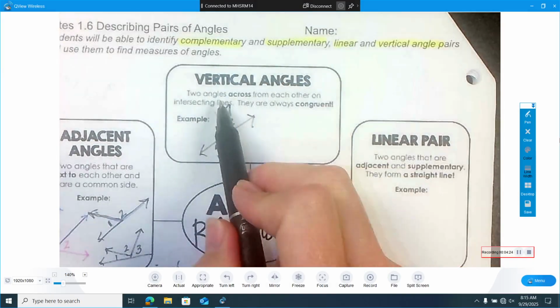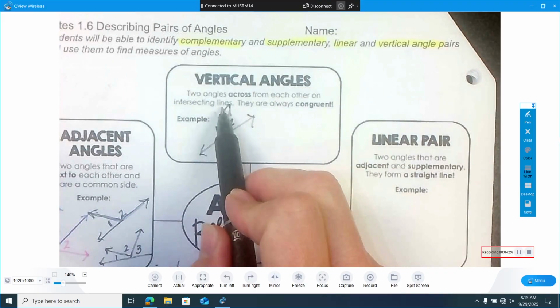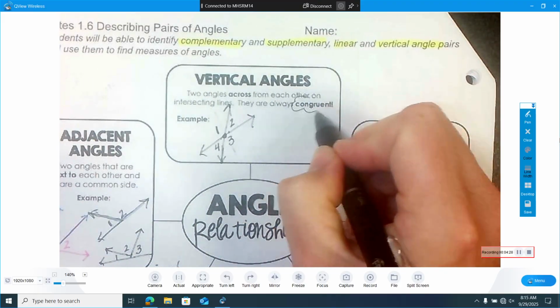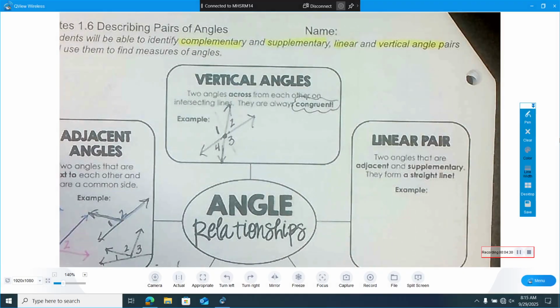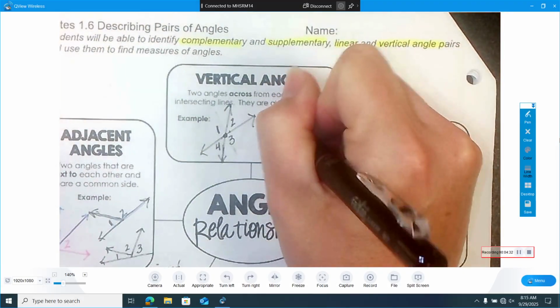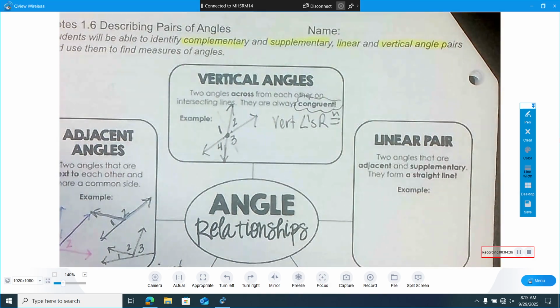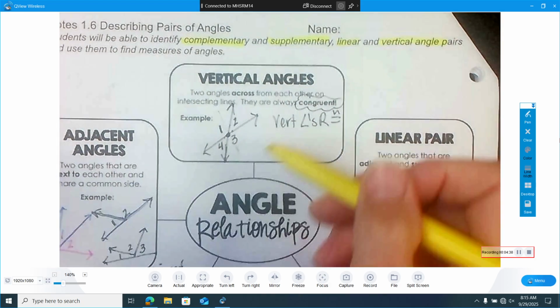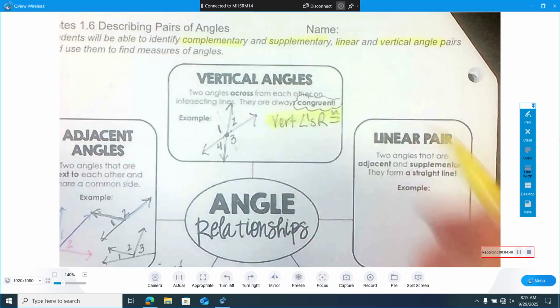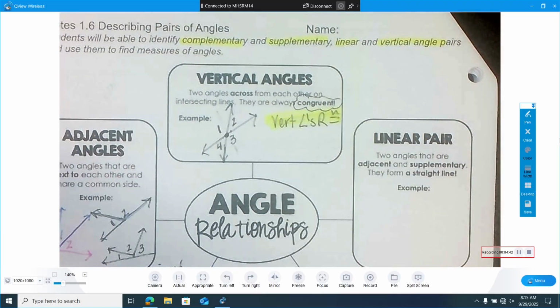Vertical angles are two angles across from each other on intersecting lines. They are always congruent. I have a lovely saying, vertical angles are congruent. This is the phrase of the day. It is a theorem. Vertical angles are congruent. Always, always.